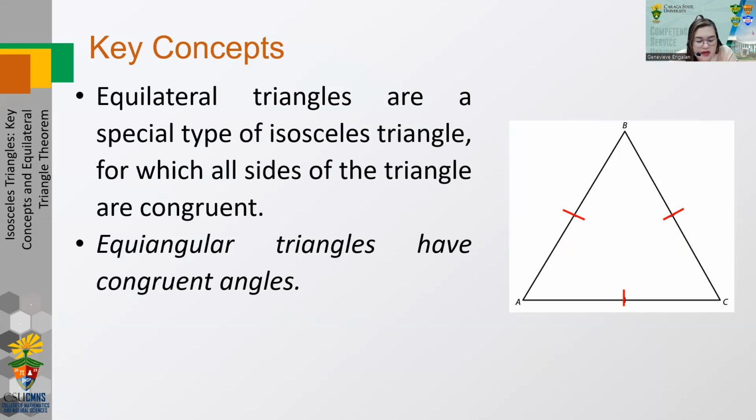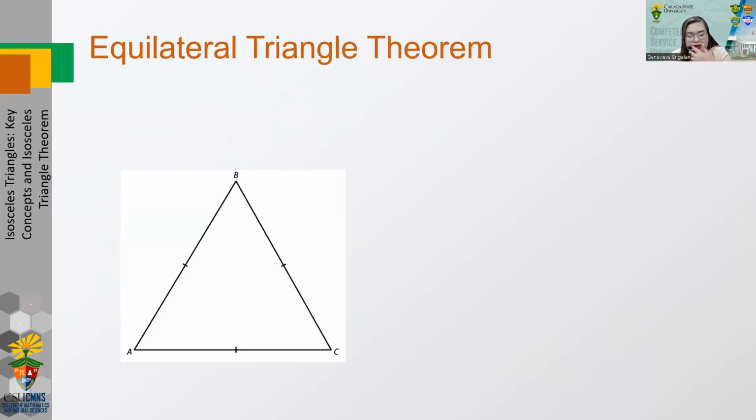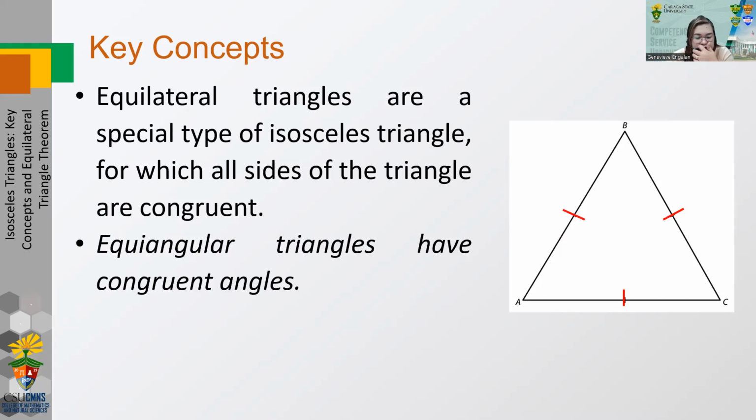So equiangular triangles have congruent angles. Okay. So, ang mga angles in an equilateral triangle are also congruent. So, pasabot kay 180 man ni sila ang total, no? So, dapat equal ni sila tanan.